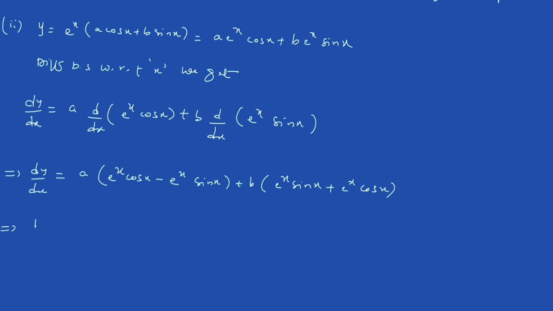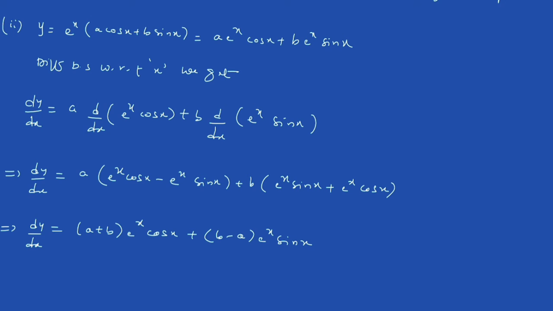So dy by dx, which is equal to, by taking a plus b common, what we get inside, let's see: e to the power of x cos x plus b minus a e to the power of x sin x.